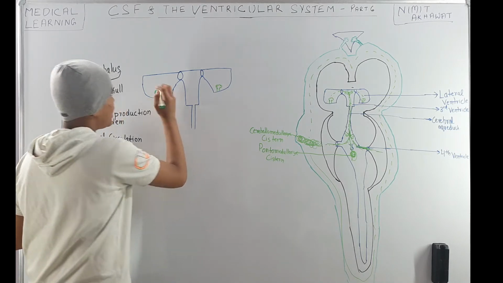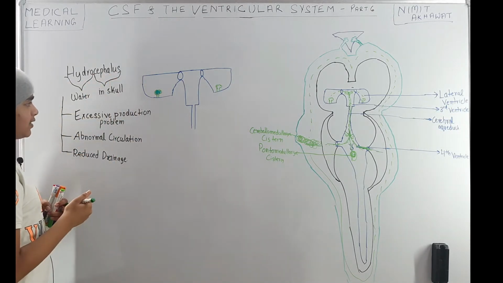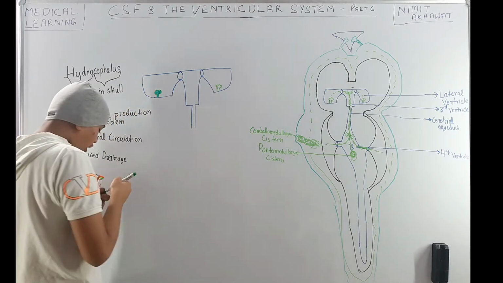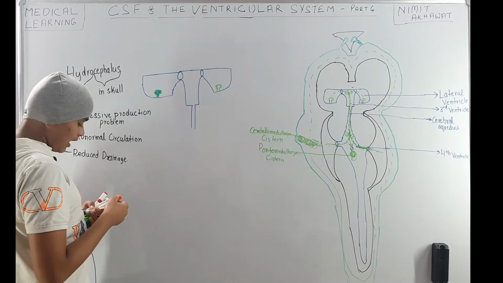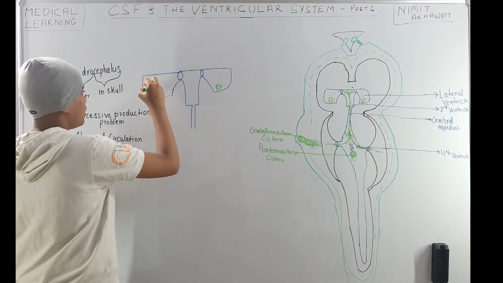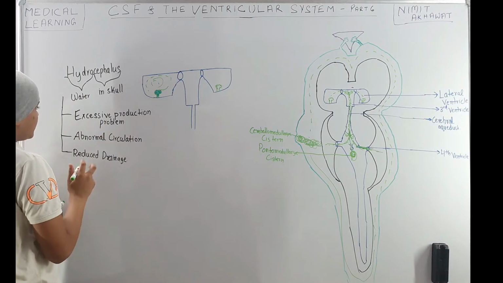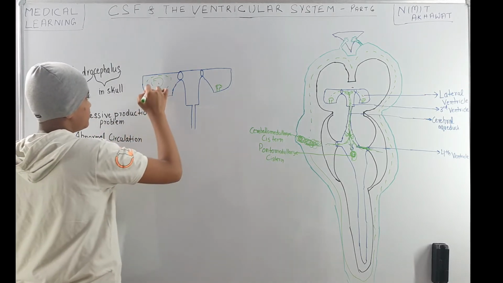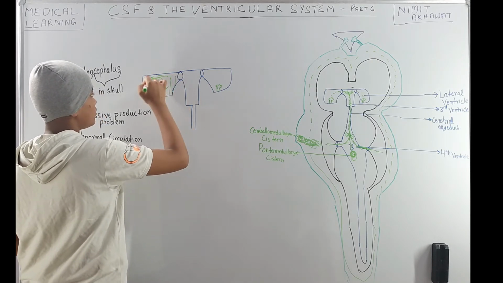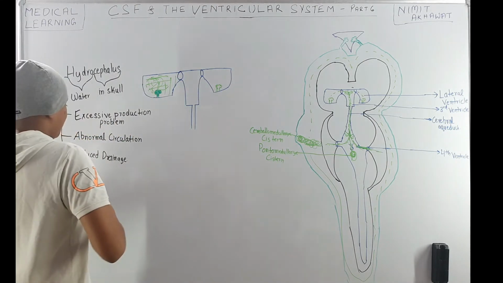And this type of tumor causes the choroid plexus to produce a lot of CSF, which causes hydrocephalus. A lot of CSF is collected in the lateral ventricle due to this tumor. And this is one primary reason of hydrocephalus in excessive production problem: tumor in the choroid plexus.